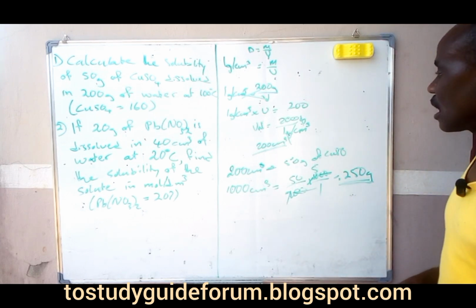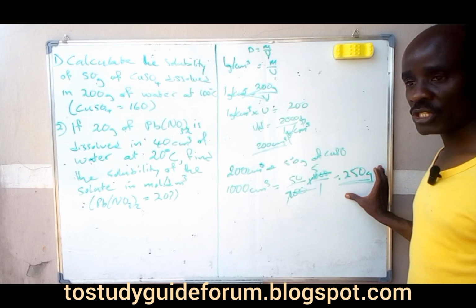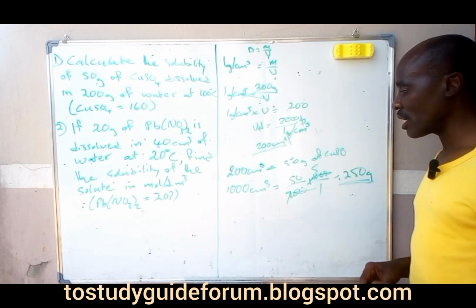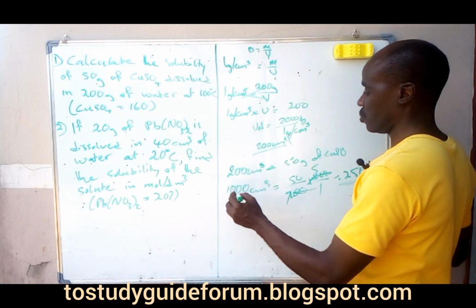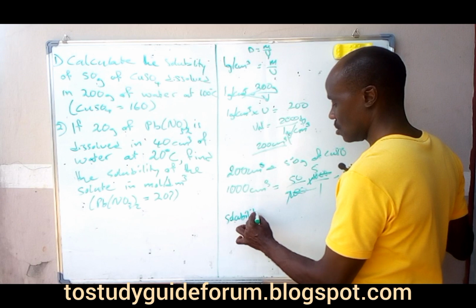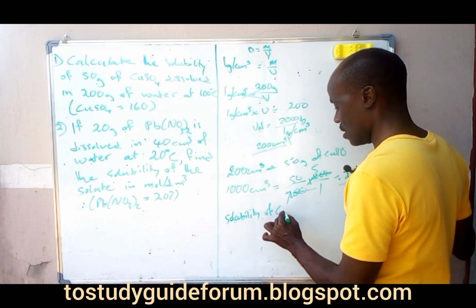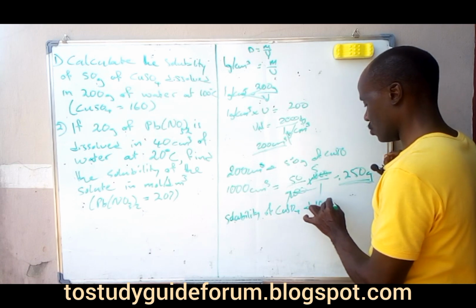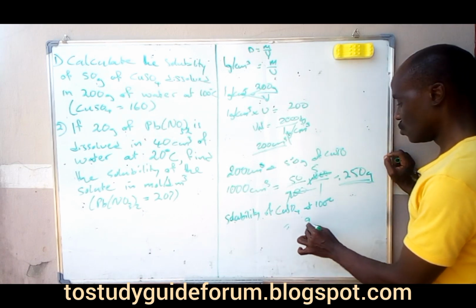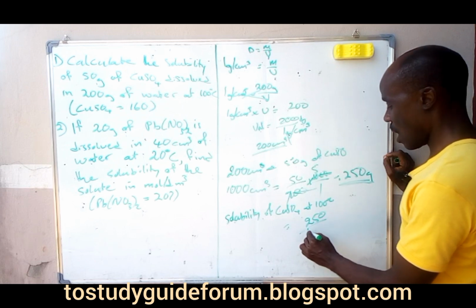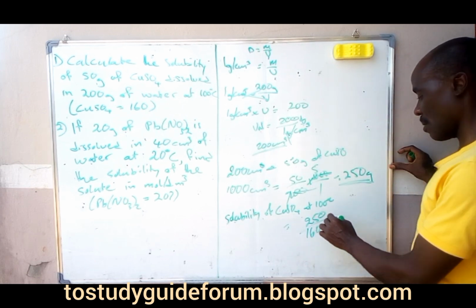So this 250 grams is the amount in grams. To get the solubility in mole per dm cube, the solubility of copper sulfate at 100 degrees Celsius will be 250 over 160, which is the relative molecular mass of it.